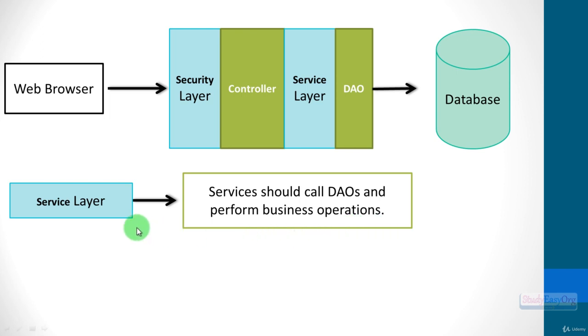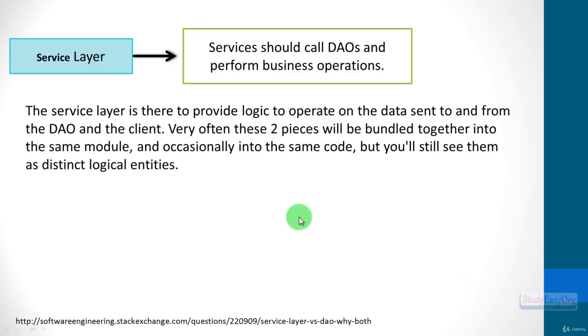Now friends, service layer is usually a little confusing to the people who are new in Spring framework. Service layer and security layer are optional layers, whereas our controller and DAO, data access object, are mandatory layers. Alright, so let us proceed further.